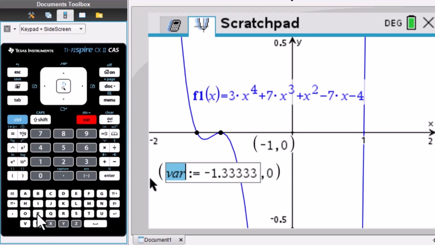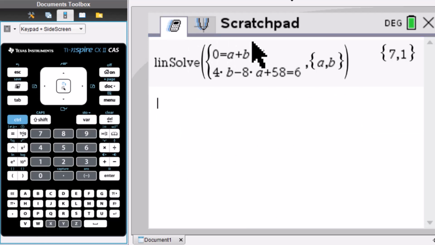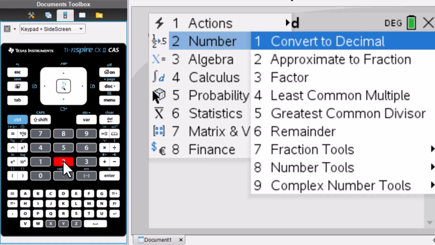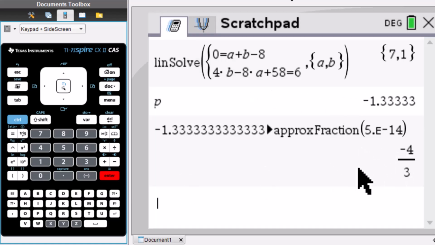Let's go to P, then enter. Go back to the scratch pad, put a variable. We have a P, enter, enter. Then menu, 2, enter. We got a fraction.